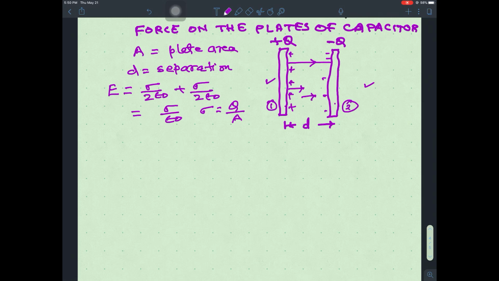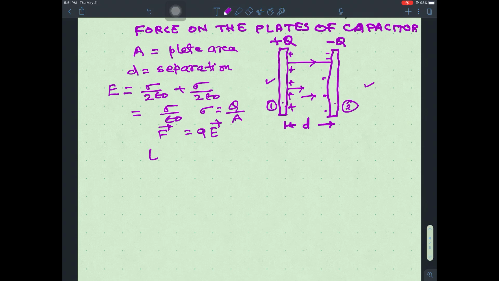Then what will happen? The charge on plate 1 will experience the electric field due to plate 2, and the charge on plate 2 will experience the force due to the field of plate 1. Now a rough analysis we are trying to show you. That rough analysis is what? Force is equal to charge into electric field.